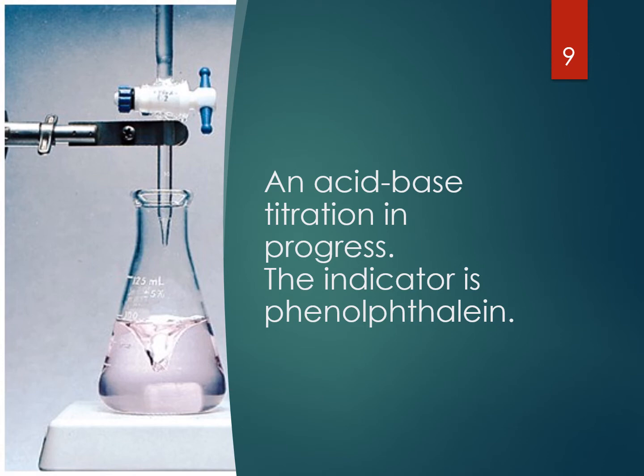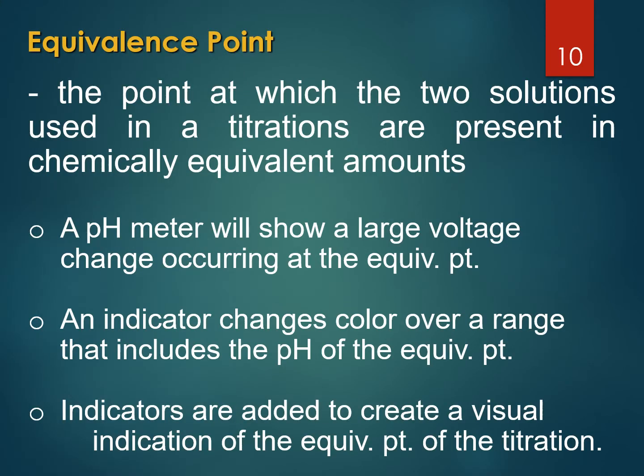Since most acids and bases are colorless, we will be using an indicator to tell us that the reaction between these two is already completed. You would know that we have this equivalence point because, remember, titration is a solution stoichiometry.